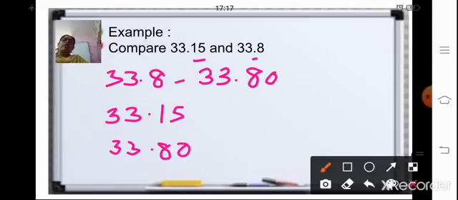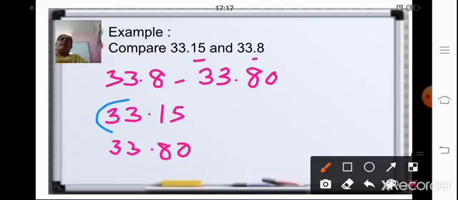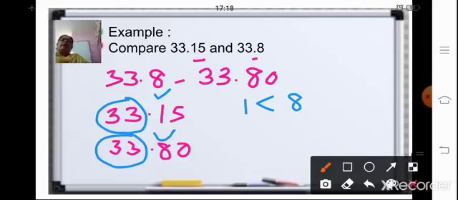The second point is, first we will compare the integral part. Here the integral part, that is the number 33, is same in both the numbers. So we will compare the 10th digit, that is after the decimal point. In the first number the 10th digit is 1 and in the second number the 10th digit is 8. So 1 is smaller than 8.